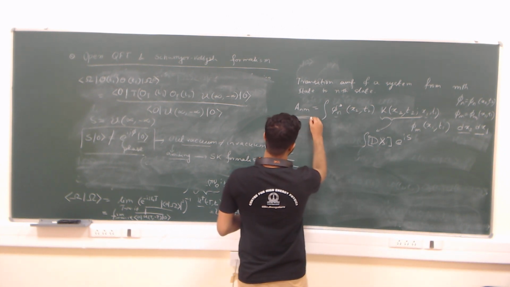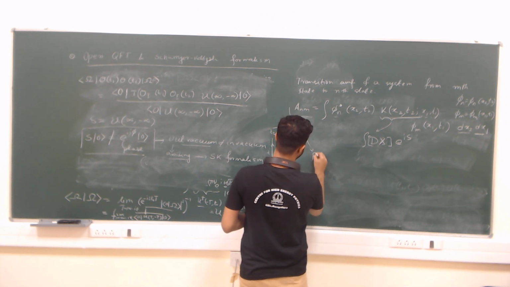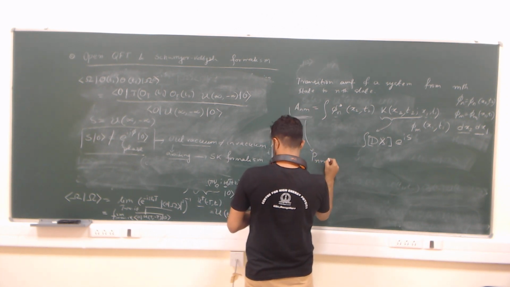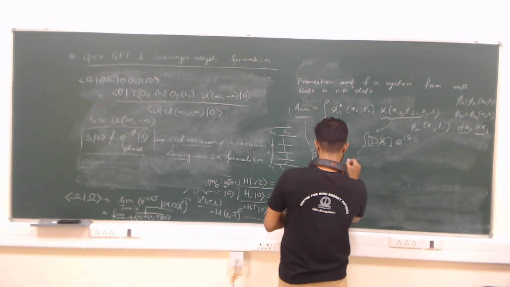And if we start from this probability transition amplitude and write the probability, basically we'll have to take two such things.